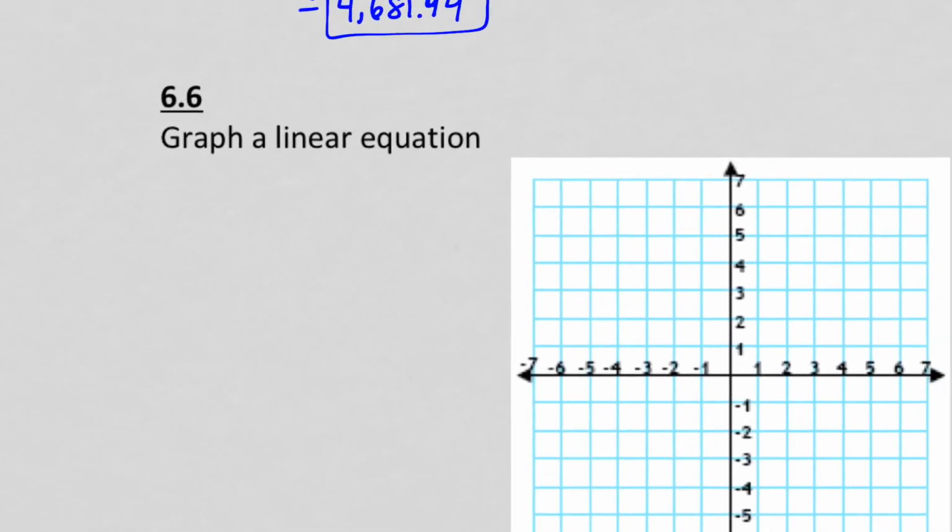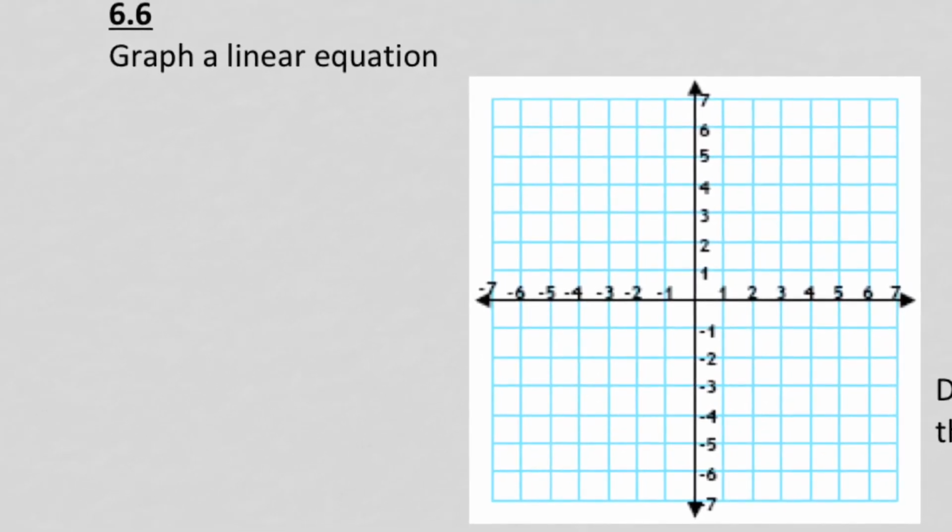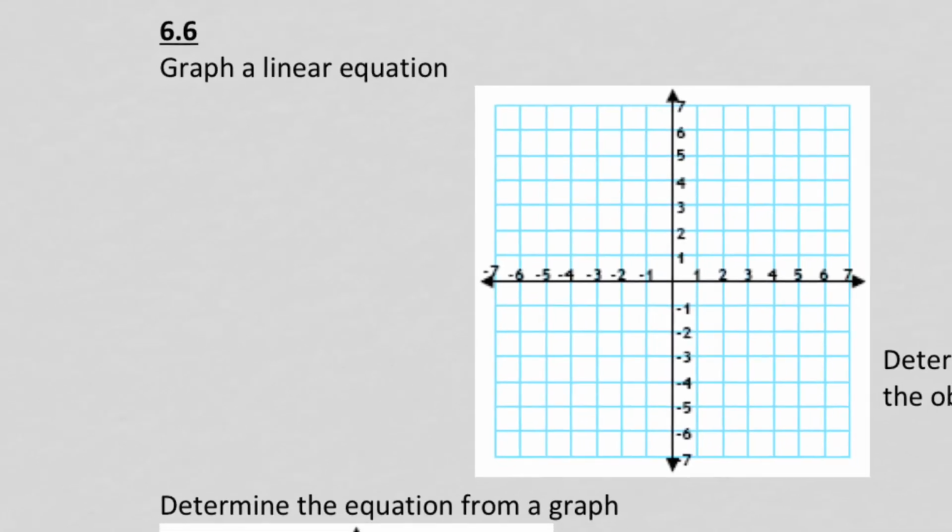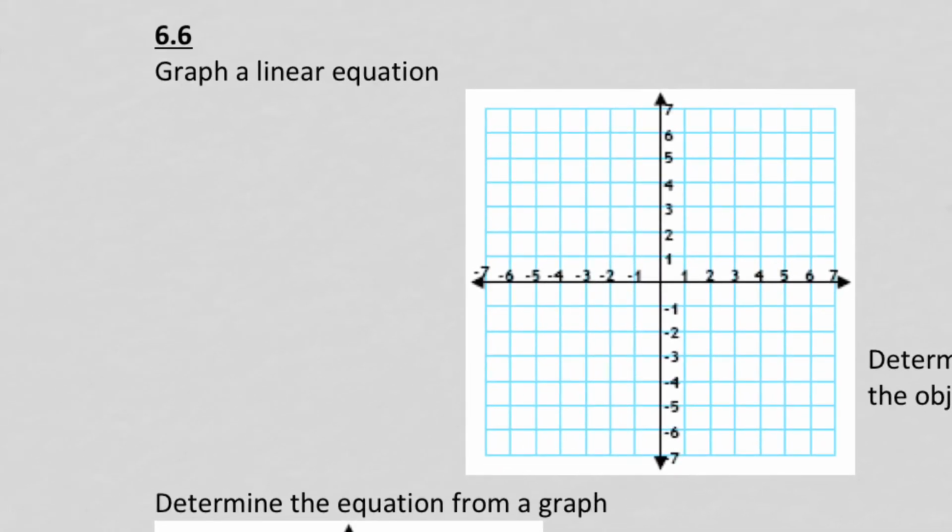Next, let's take a look at 6.6 in graphing linear equations. So let's say we have this is our general form of the linear equation.